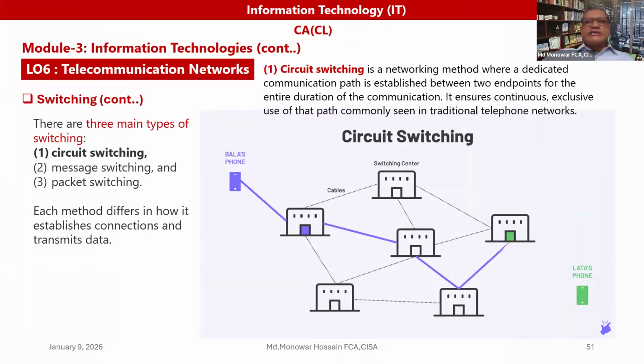And if you see the circuit switch, look here, this is the circuit switch. A circuit switch is a networking method in which a dedicated communication path is established between two endpoints for the entire duration of the communication. One point is here, another point is here. So a communication path is established between two endpoints.